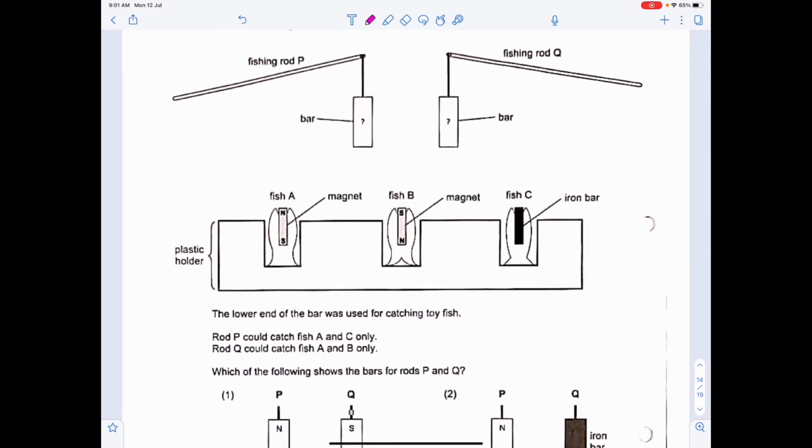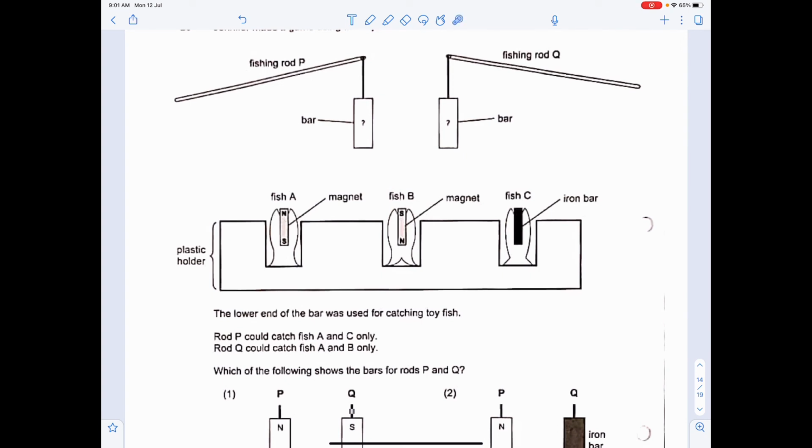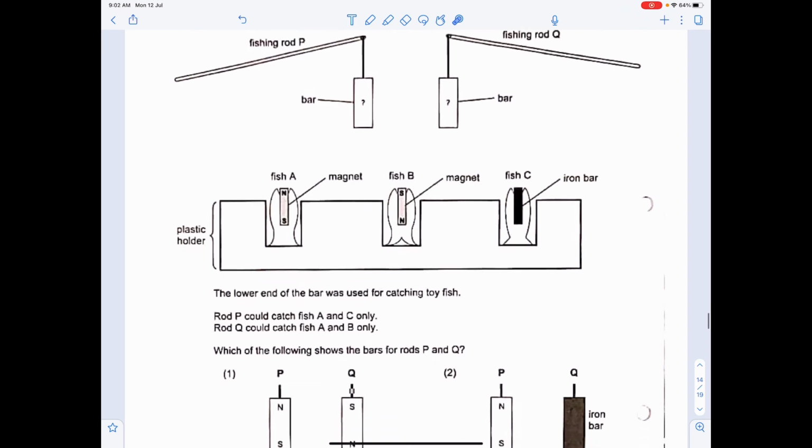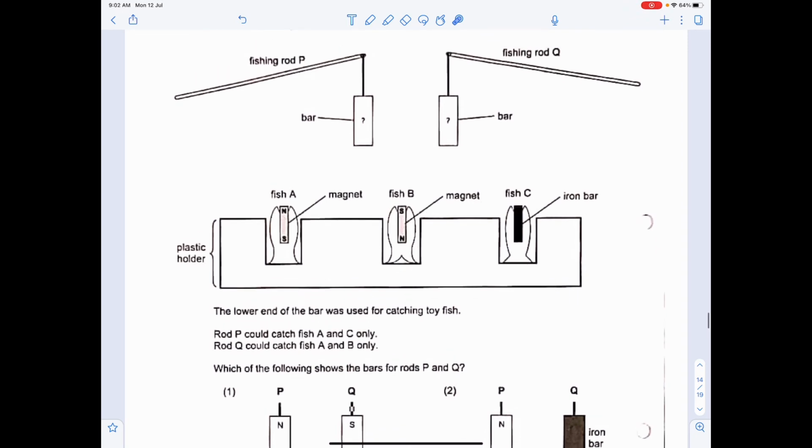So if I take a look at this, my P can catch A and can catch C. So I know for sure that in this case, this one over here, if it's a magnet, this has to be a south pole.